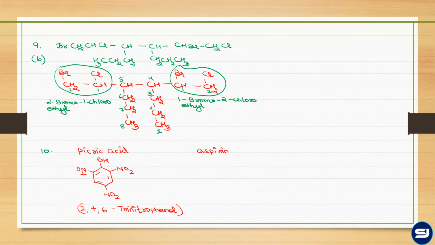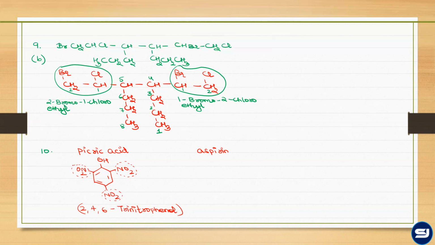Now the reason here is phenol as a independent compound is slightly acidic, but its acidic strength could be enhanced by attaching strong EWG. What is EWG? Electron withdrawing groups. And nitro is a very strong electron withdrawing group.